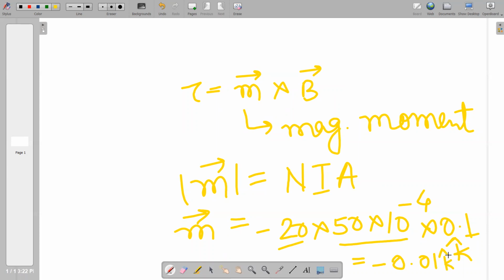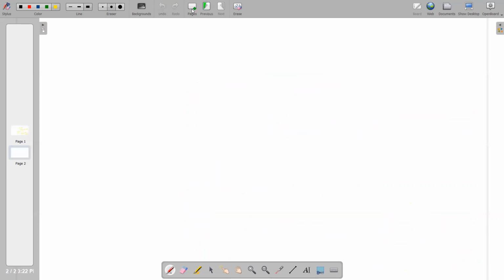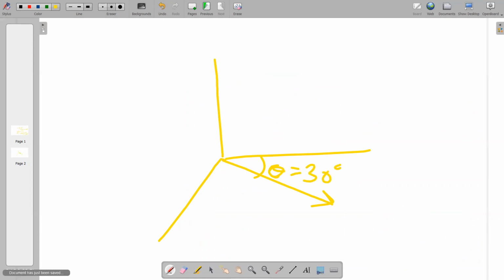Once we have found magnetic moment, now let us find the magnetic field. So magnetic field is given in XY plane and it makes an angle theta with x axis, and theta is equal to 30°. So the magnetic field is 0.5 Tesla.